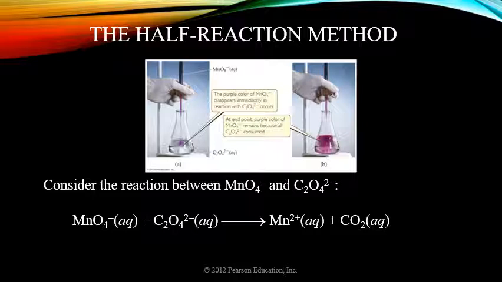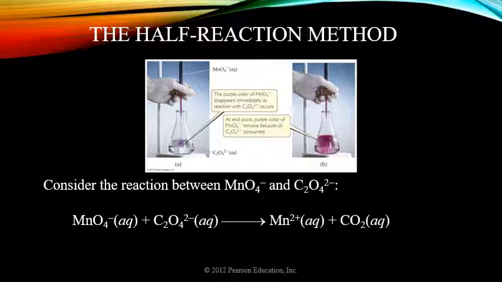So you can see in this particular instance I have a very deep blue, purple color inside of the burette here, which would be the MnO4 minus ion. And as it reacts with something, in this case the oxalate ion, it loses that purple color immediately and goes to more of a clear color.